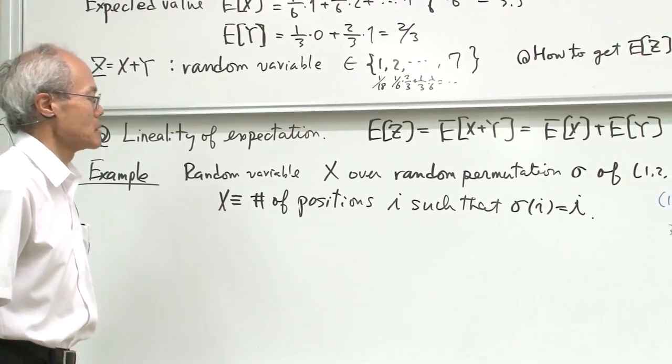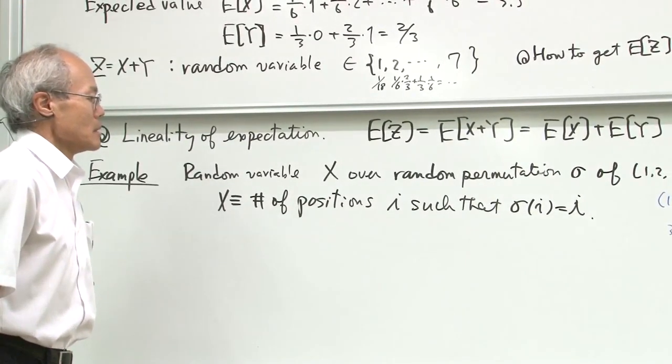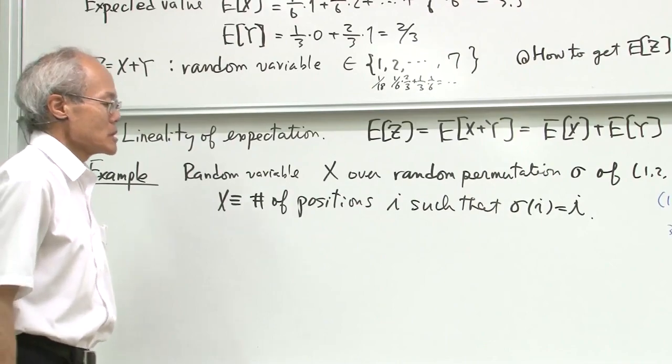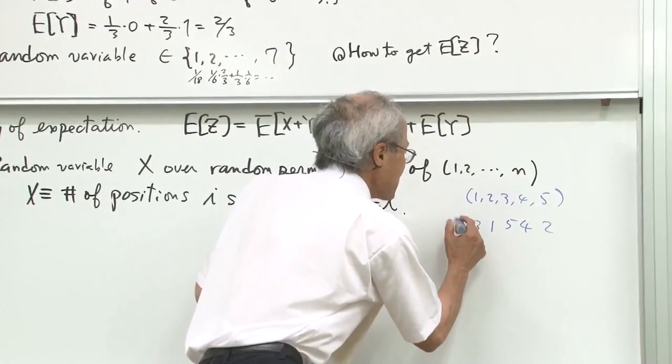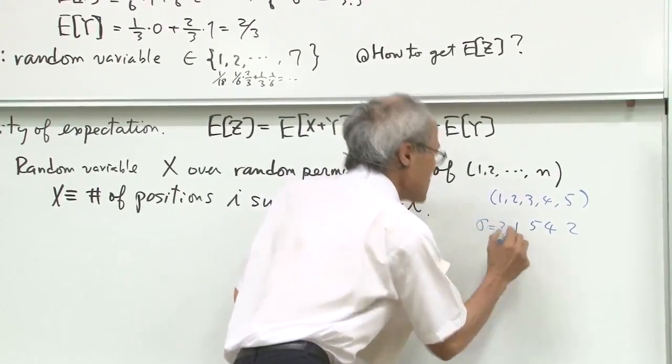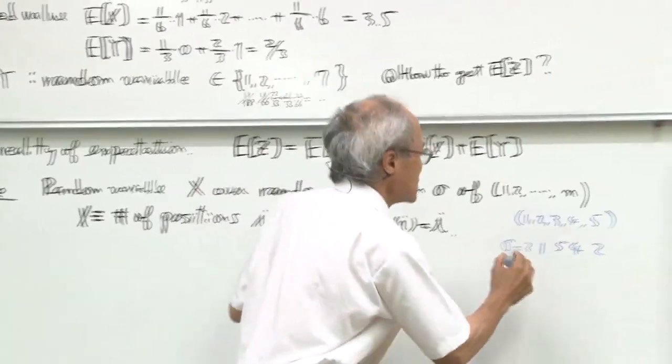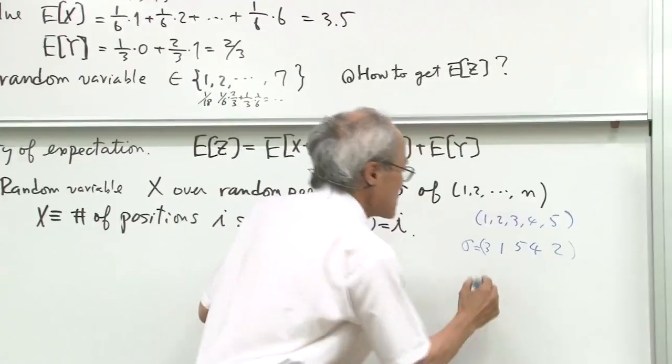What does it mean? Okay, so this is one permutation, sigma.